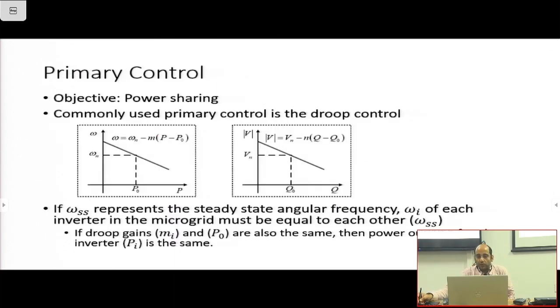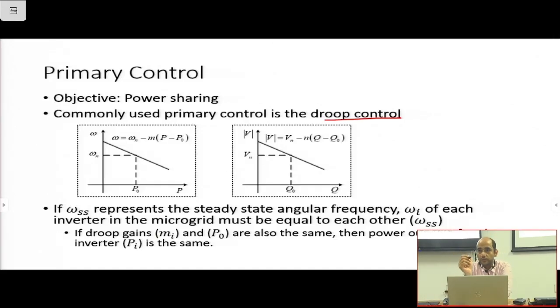So the common one is the droop control. Droop control means intentionally you will change the frequency of this source by the equation and by the diagram shown here.